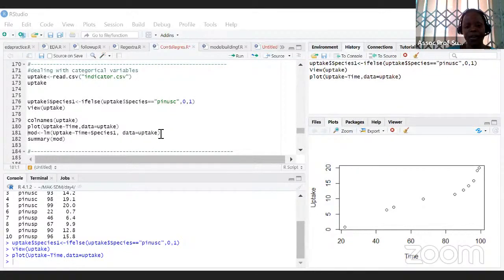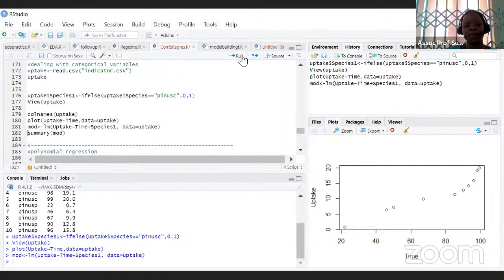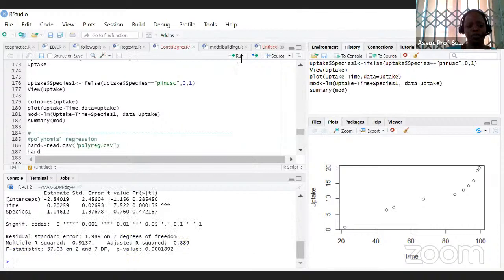So that is our regression model, and let's run it and then get the summary of the model. Now, if you need the analysis of variance table, instead of LM, you put AOV.